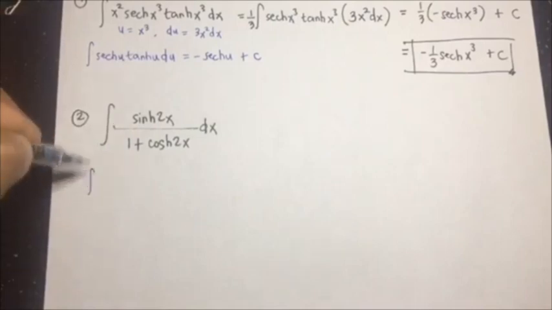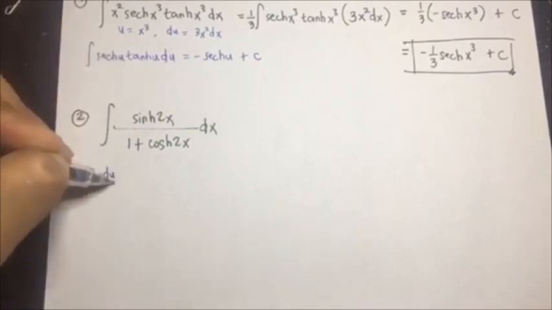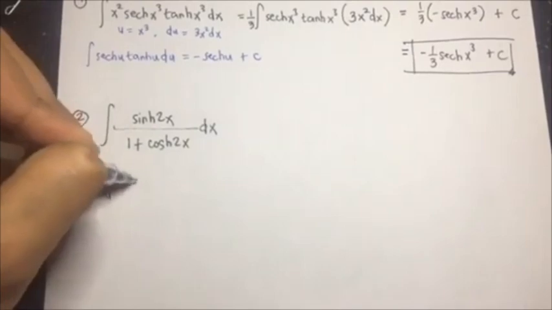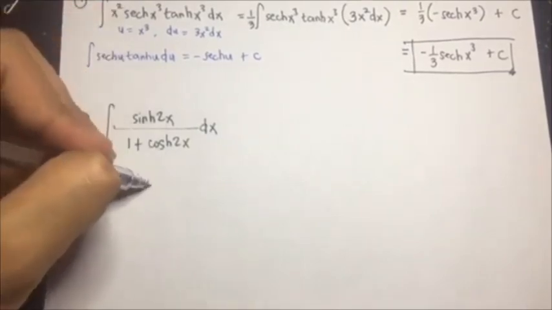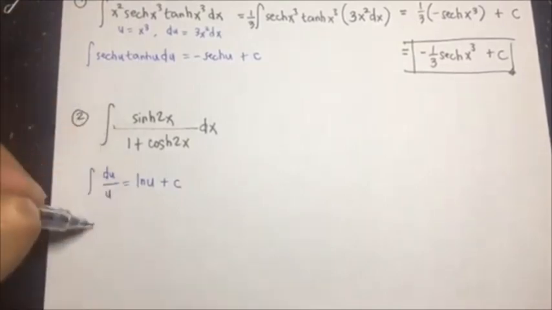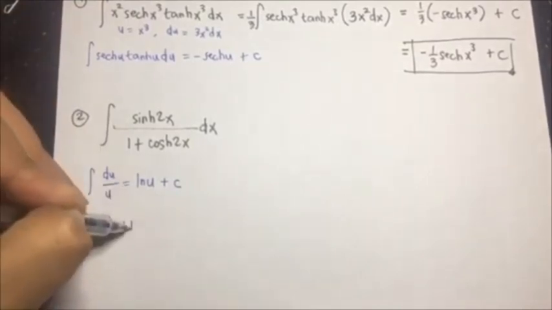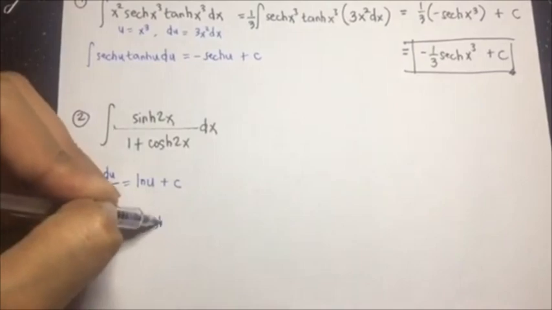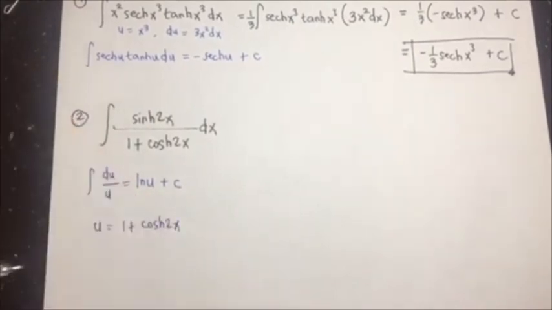The integral of du over u is equal to ln of u plus c. In this problem, our u is equal to 1 plus hyperbolic cosine of 2x.